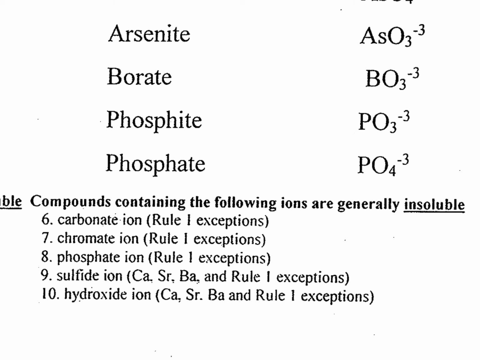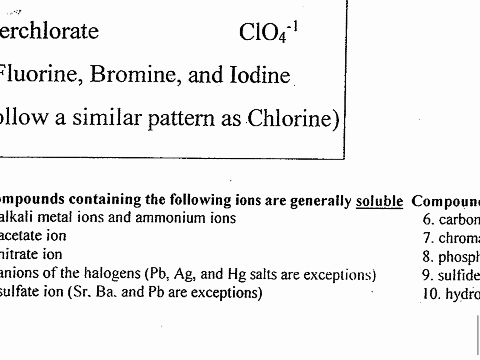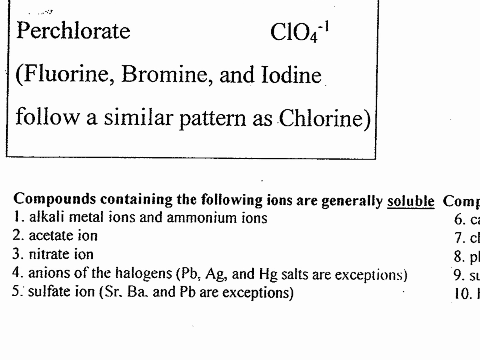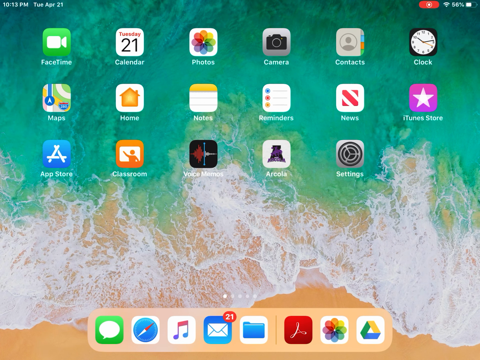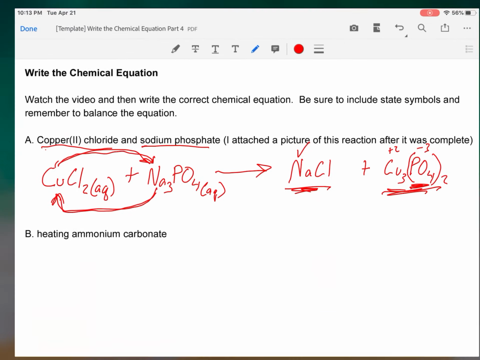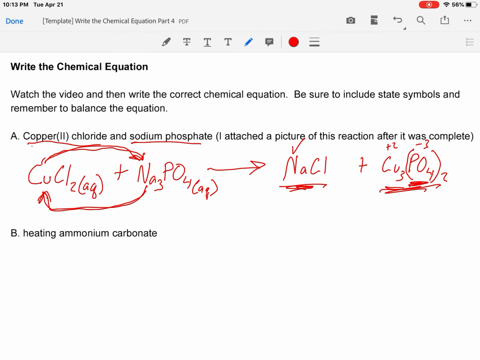And rule 1 exceptions means, well, if it has one of those alkali metals or the ammonium ion, that it's probably soluble. So let's look at what we've got here on our equation. On the product side, we've got a phosphate ion with copper. Copper is not one of those alkali metals. Over here on the reactant side, the phosphate was with the sodium, so that is soluble.